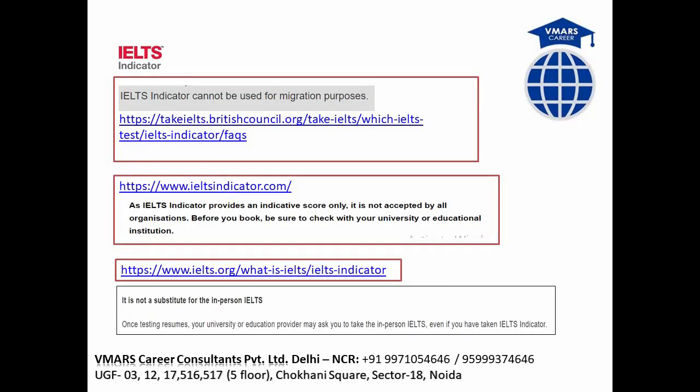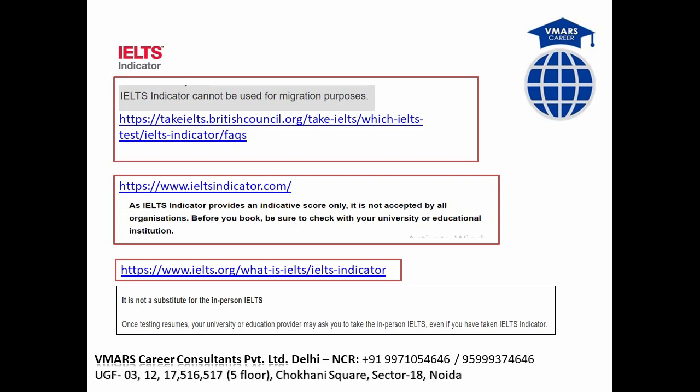Now, these are a few facts I want to take up at the end of the PowerPoint presentation. I have taken these facts from these websites, and written them there so that there is no doubt whether this information is true or false. First of all, IELTS Indicator cannot be used for migration purposes.